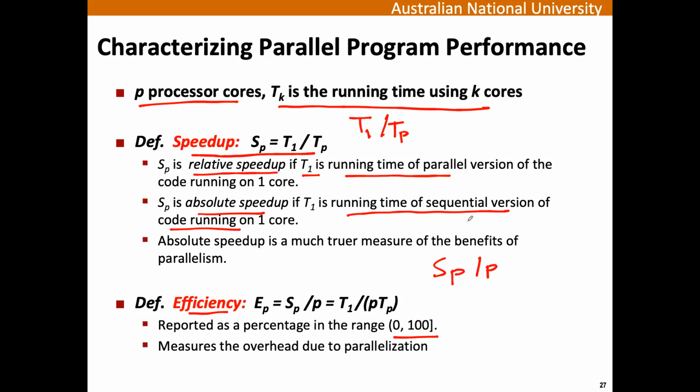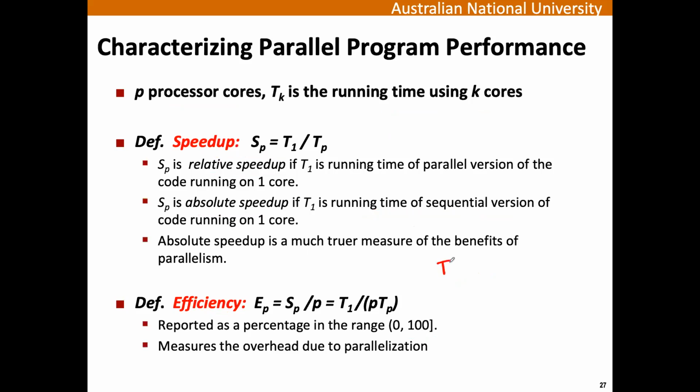So let's say T1 is 100 seconds and TP is 20 seconds. And P is, you're using, let's say, 10 cores. So what's the efficiency here?